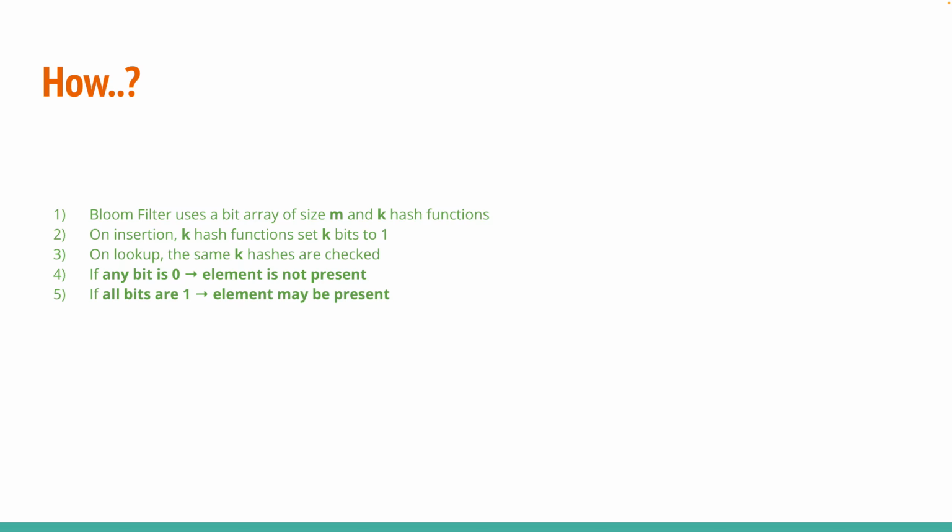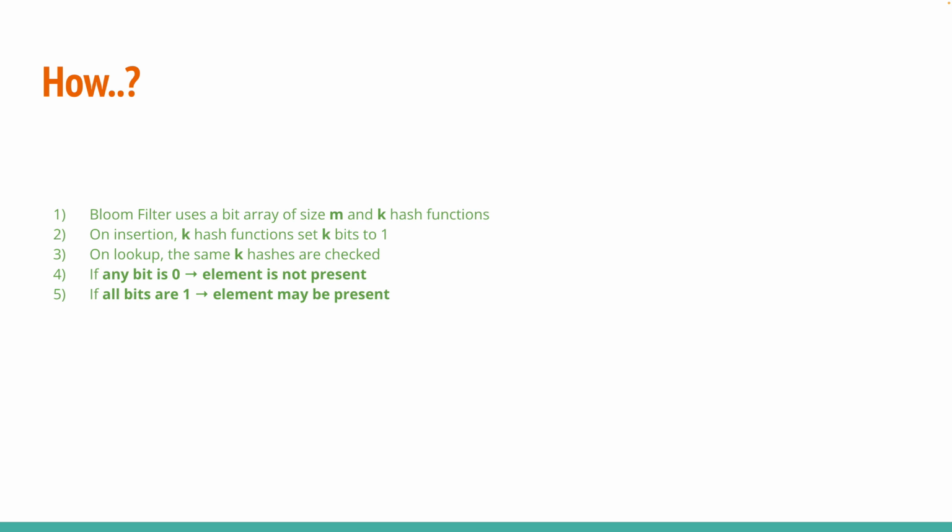But if one of the hash functions comes back with 0, it means that the element is not present, and that is 100% accurate. So no is 100% accurate, and yes is probably accurate.